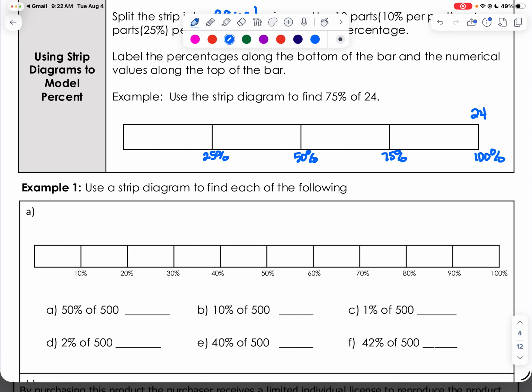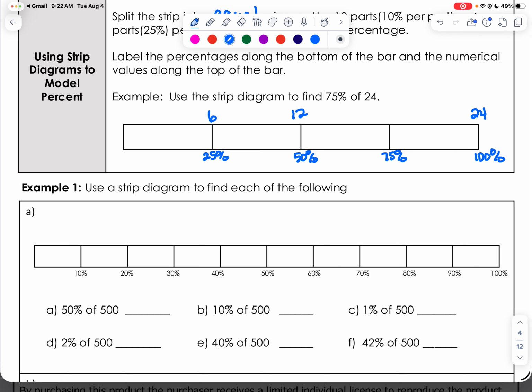All right. So I know 50%, if I divide that in half, that would be 12. So 50% of 24 would be 12. 25% is half of 50%, and half of 12 is 6. So 6 is 25% of 24.